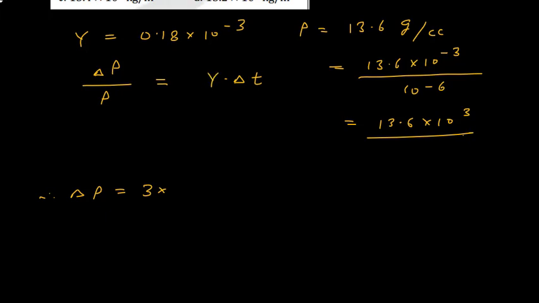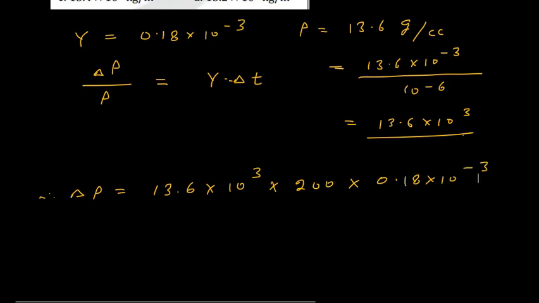So we will not multiply by 3. We will simply say it is 13.6 into 10 power 3 multiplied by delta t, which is 200, multiplied by gamma, which is 0.18 into 10 power minus 3. Let us see this value. This 10 power minus 3 and 10 power plus 3 will cancel.